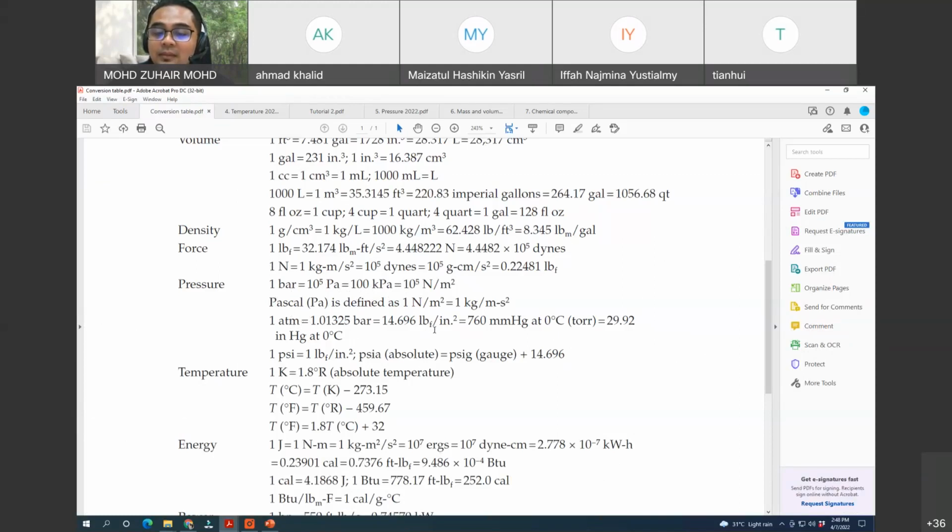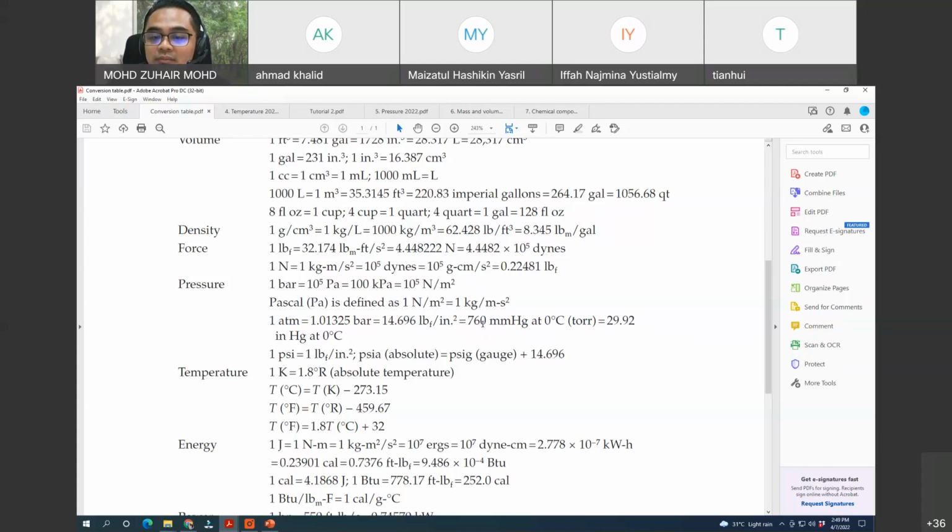Okay, the pound is in inch, it's not in feet, so you need to change to feet first. So 14.696 pound per inch square. You need to convert this inch to feet square first, and then you compare with 1 atm. 1 pascal is equal to how many bar?